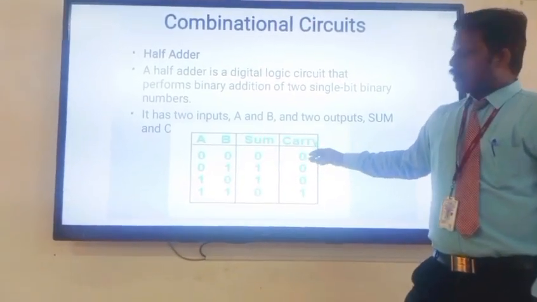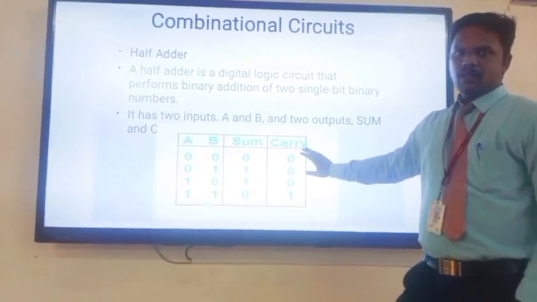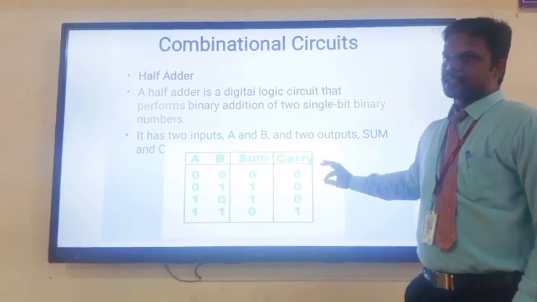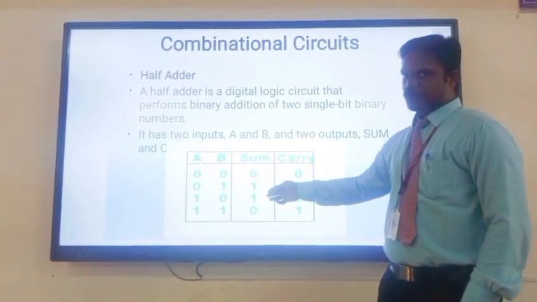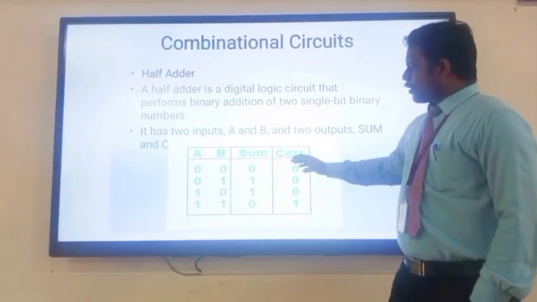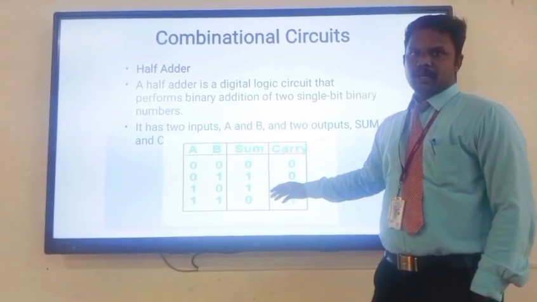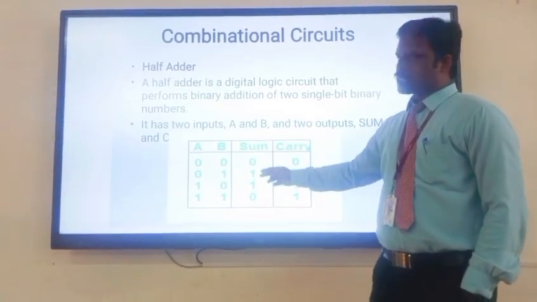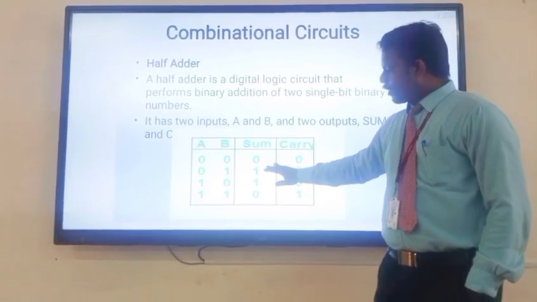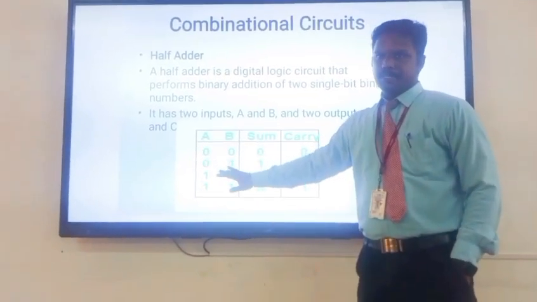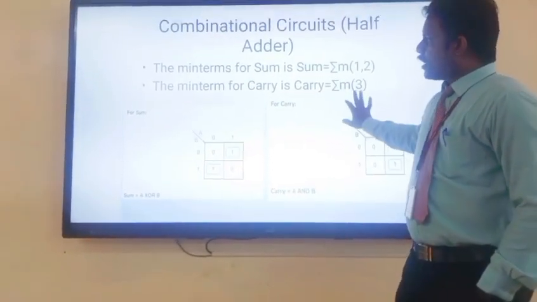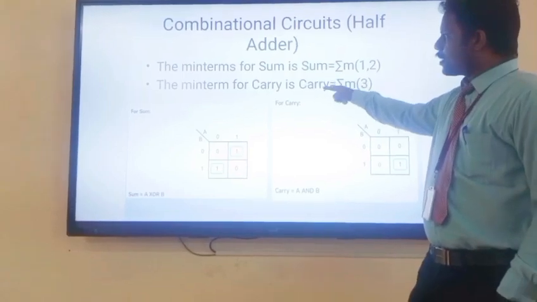Your next step is to design the combinational circuit, the half adder circuit, by using this truth table. You have to focus on the outputs, sum and carry, and find how many minterms there are. First consider the sum column. Wherever there is a 1, the corresponding number is called a minterm. In the next slide, we have given the minterms for sum and carry.